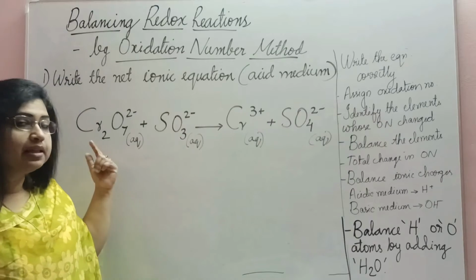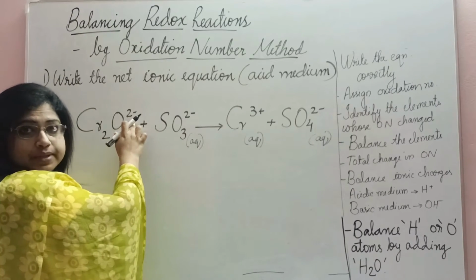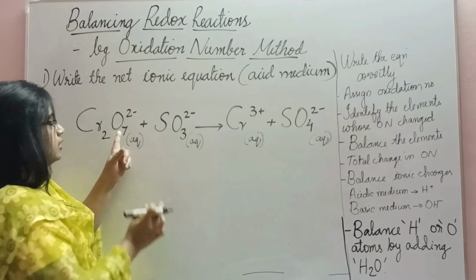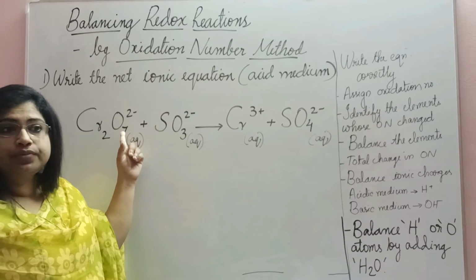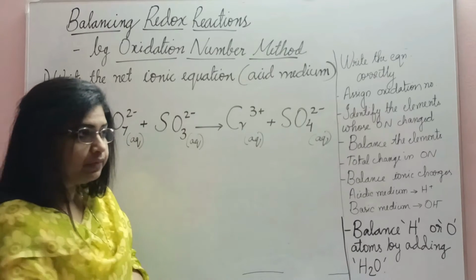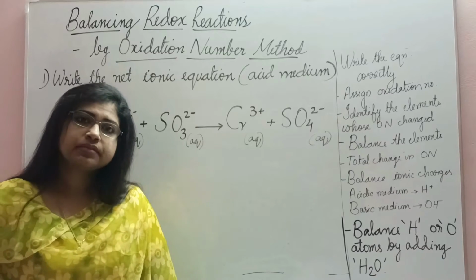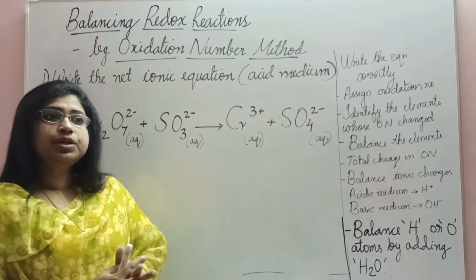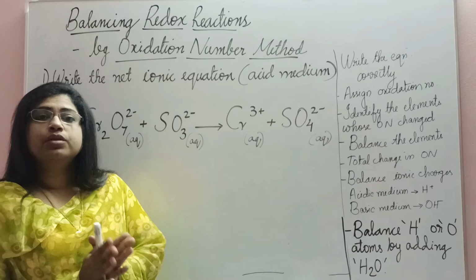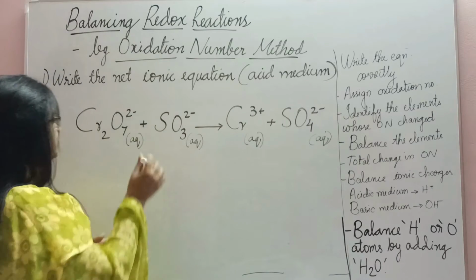First, we can take the dichromate ion. The dichromate ion has a charge of -2. Now we know the oxidation number of oxygen is -2. Usually in all compounds, oxygen has an oxidation number of -2.